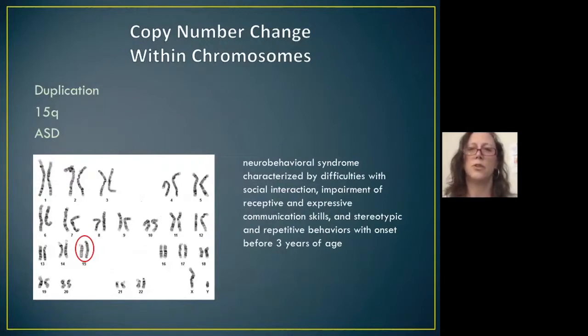We have stereotypic and repetitive behaviors, and most of the time we're catching this before 3 years of age. You may see it later, especially for people in outlying, more rural communities who don't have good access to health care, but that's becoming less and less as our metro area spreads and people are able to get referred for a genetic workup.